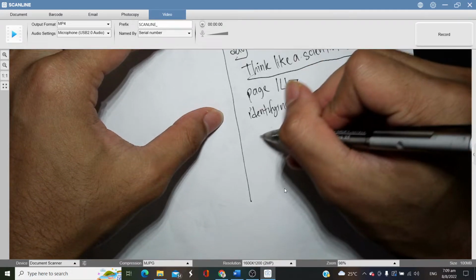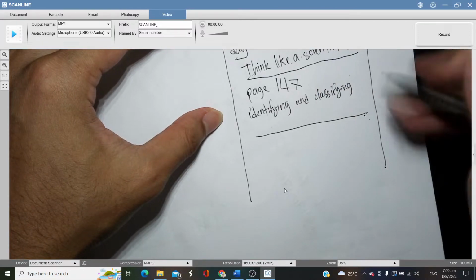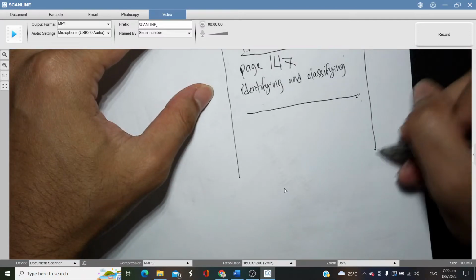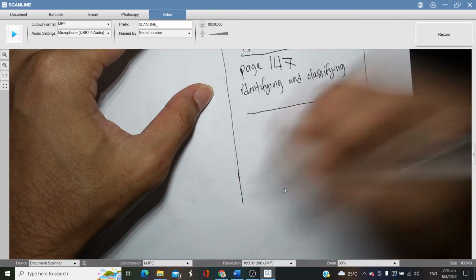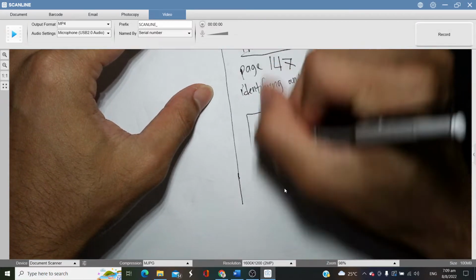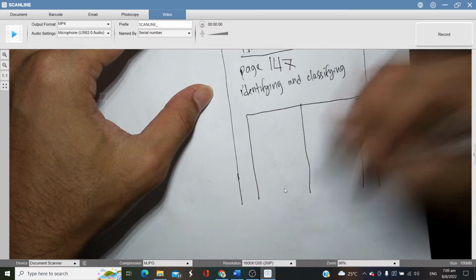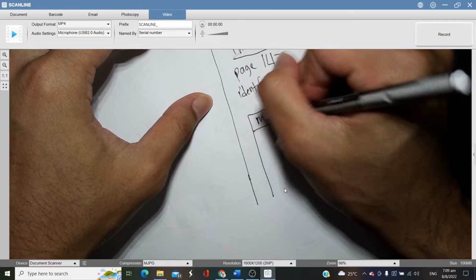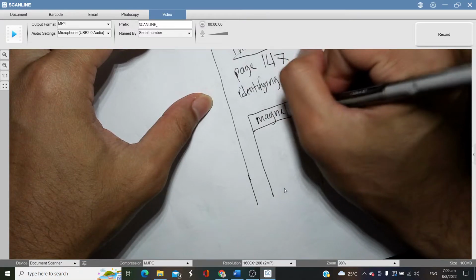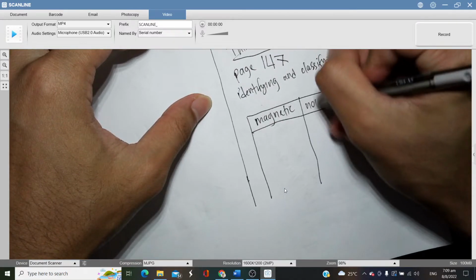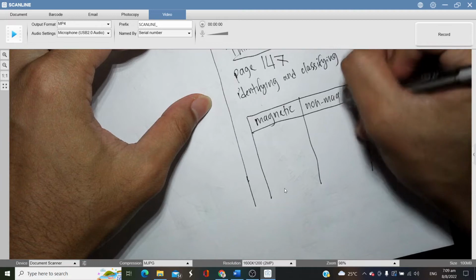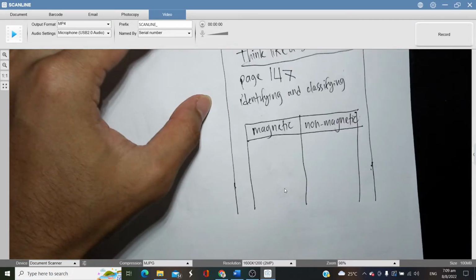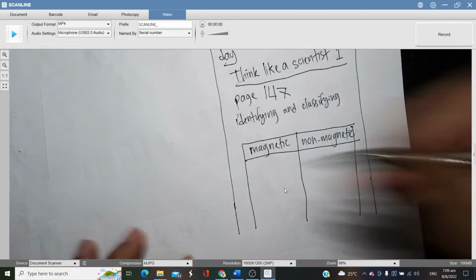You start by drawing a table. Divide it into two. Put magnetic here, and this is non-magnetic. And then you list down the materials.